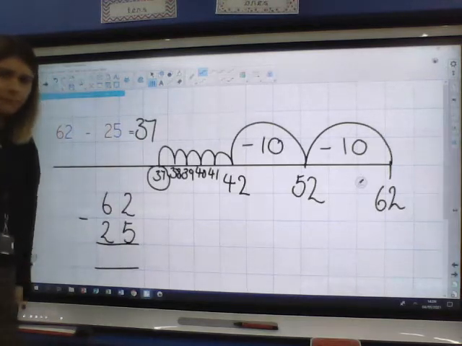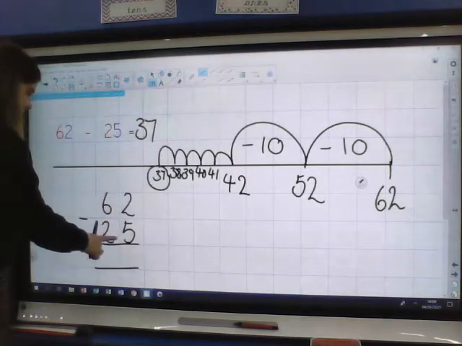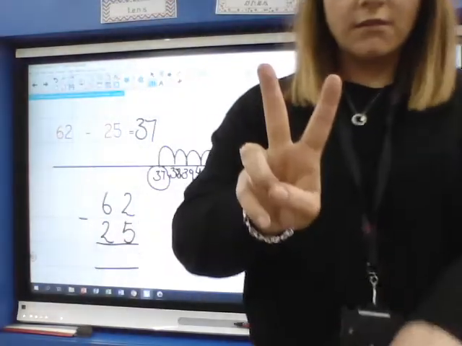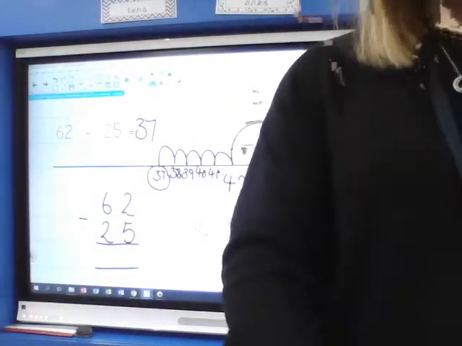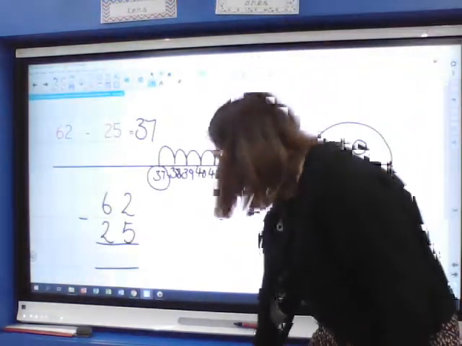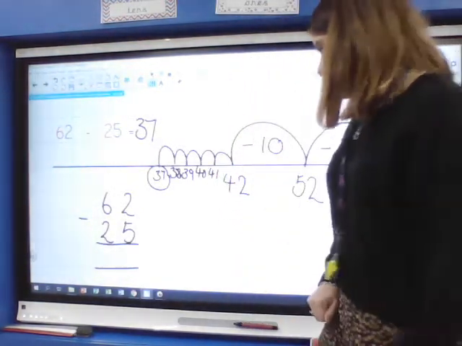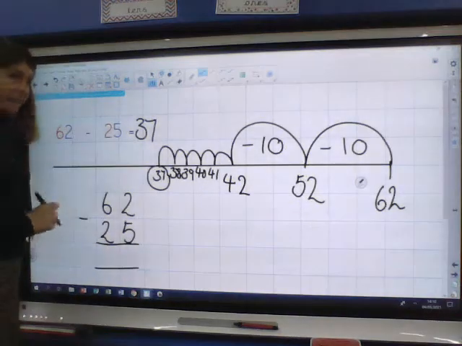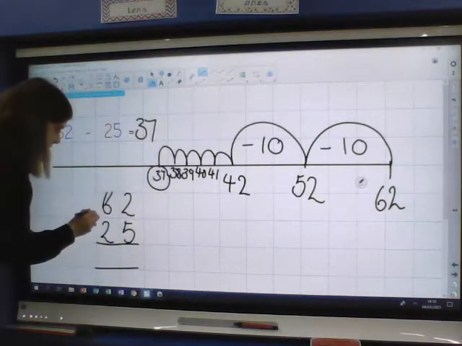Oh, got a problem. Can't take 5 away from 2. Get 2 fingers. Can I take 5 away from 2? I've got to borrow. I've got to knock next door. So I'm going to go into my tens column and I'm going to borrow a 10 from next door.